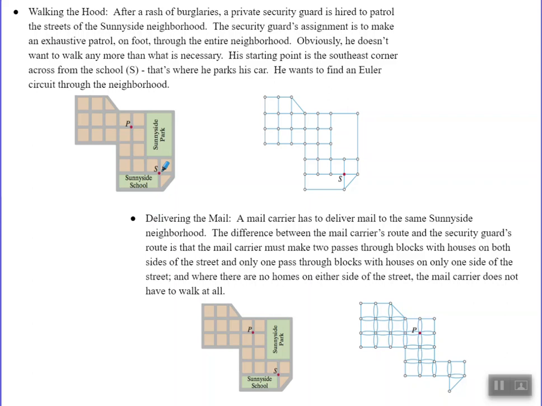And if there are no houses, he doesn't need to walk down that street at all. So this far side of the park, he doesn't need to go there. But we have put double edges to represent the streets where he has to walk down both sides of the street to deliver mail. So he could try to figure out the best route, starting from the post office, P, to walk through this neighborhood.